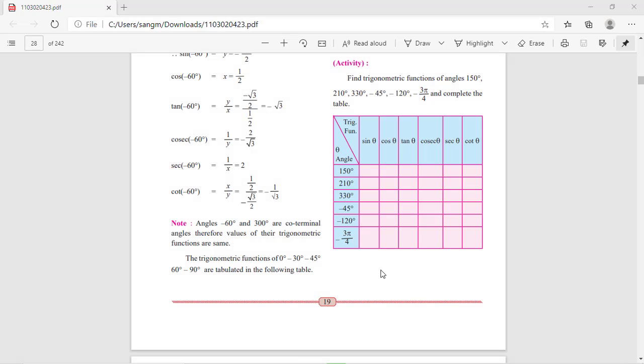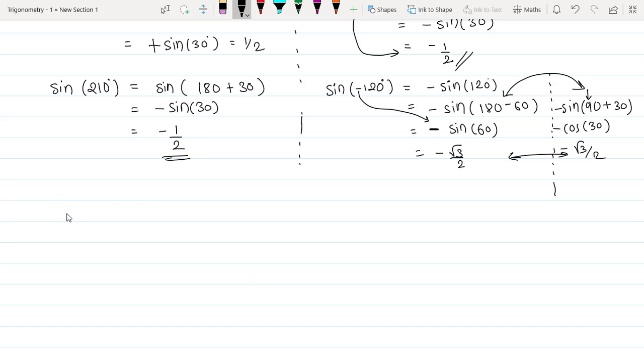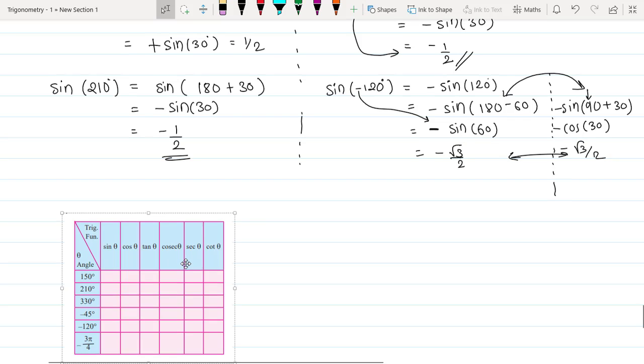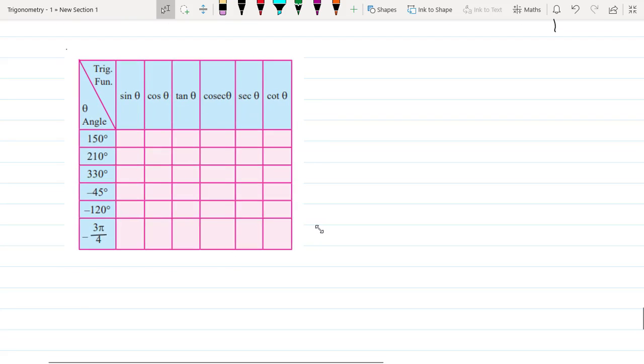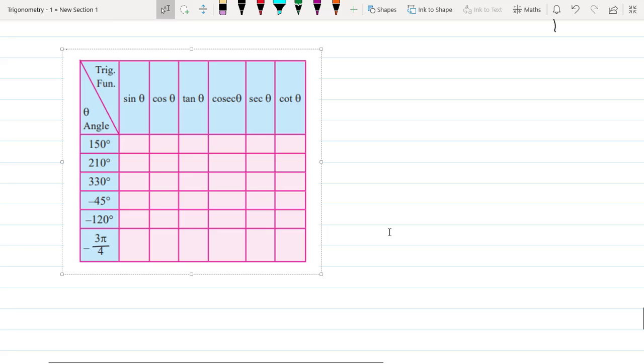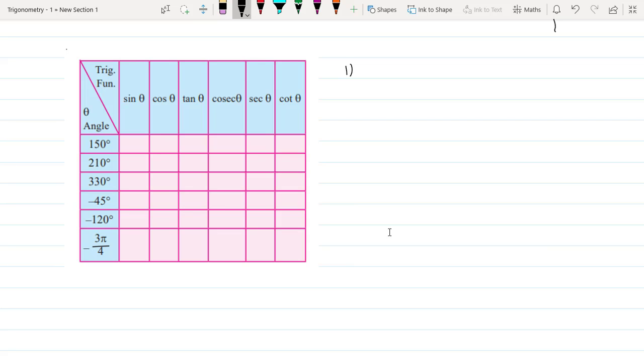Solving this table will clear so many of your doubts. It is a very important table. So homework: do the rough work somewhere in your notebook and fill this table for all the values. Is it okay?